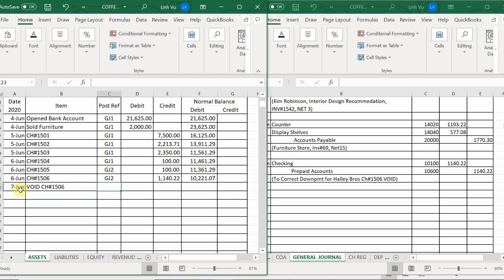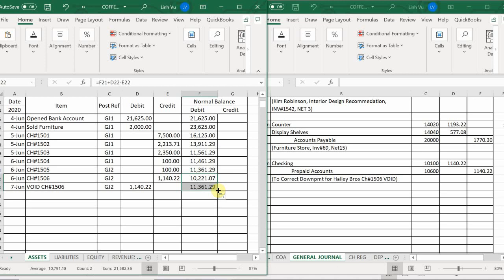Okay. And what journal am I on right now? Page 2. Okay. This time we're debiting our account by 1140 and 22 cents. So then, how much money should I actually have now in my bank account? 221.07 plus 1140.